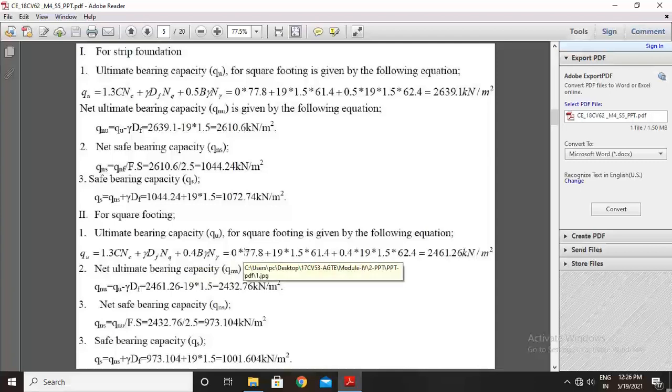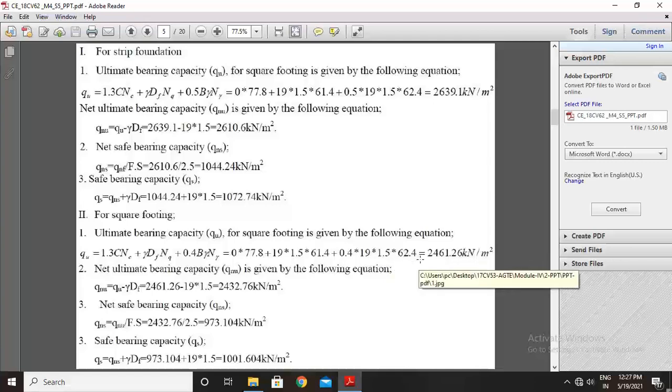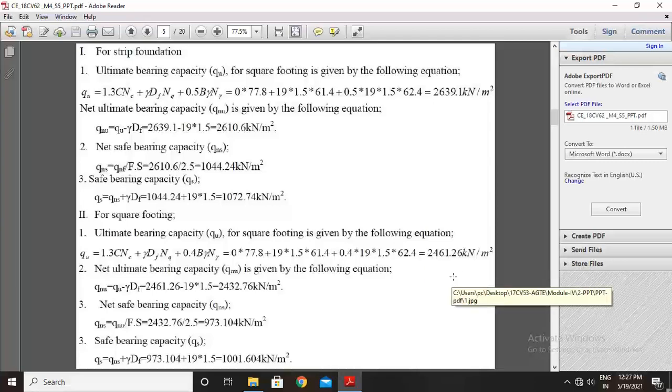C is 0 into NC is 77.8 plus gamma is 19 into Df is 1.5 into NQ is 61.4 plus 0.4 into gamma is 19 into B is 1.5 into N gamma is 62.4. While solving these equations, we are getting ultimate bearing capacity 2461.26 kilonewton per meter square.